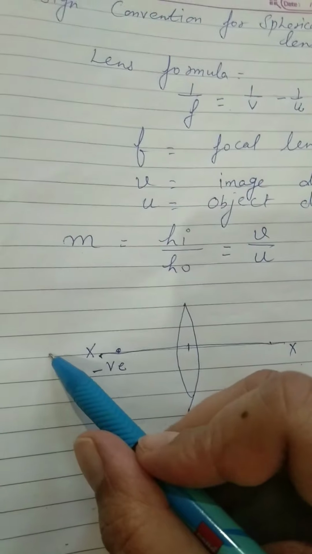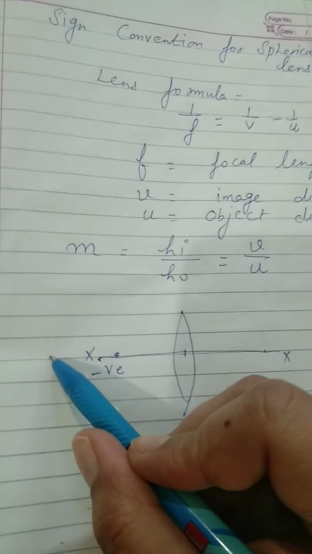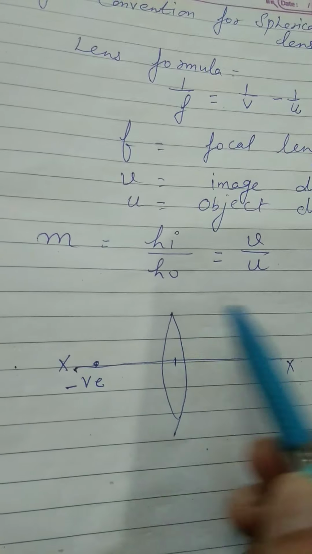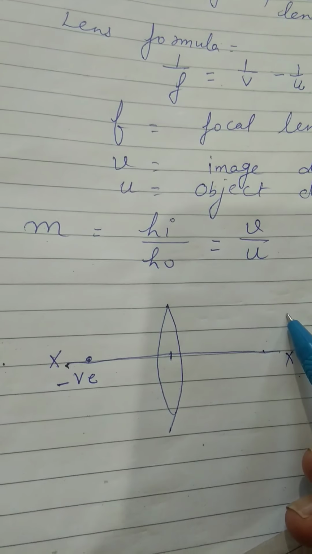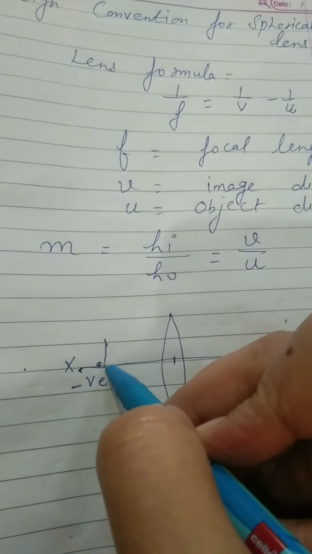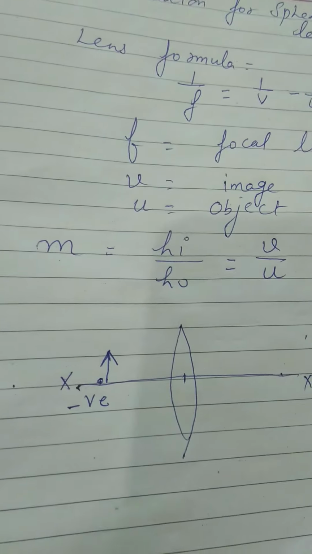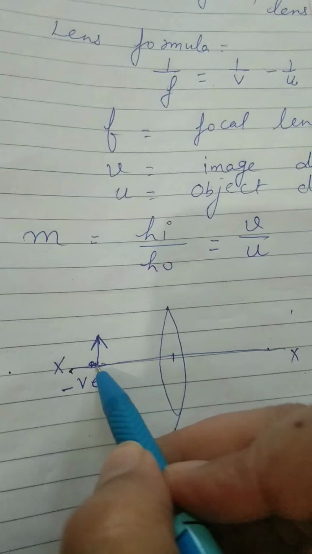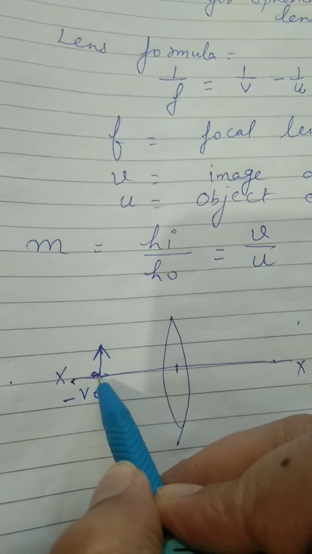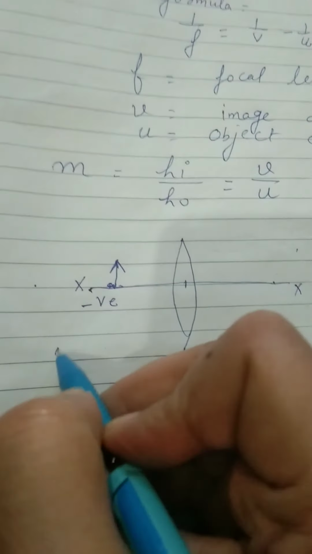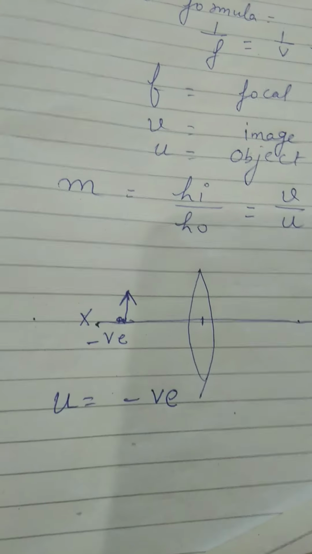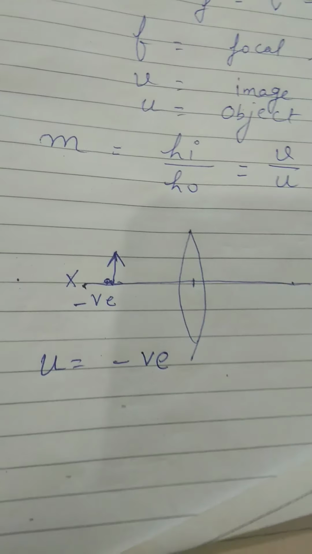So from the left hand side of the lens, everything on the x axis is negative and everything on the right hand side is positive. We always place our object this side. It means the position of the object is always negative, so u is always negative for both the lenses.